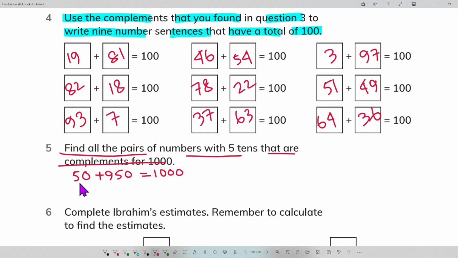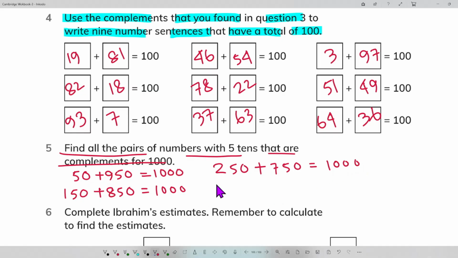And suppose 5 tens, so we can use 150, and it will also be 850, equals 1000. Then we can use 250, and here is 750, equals 1000.